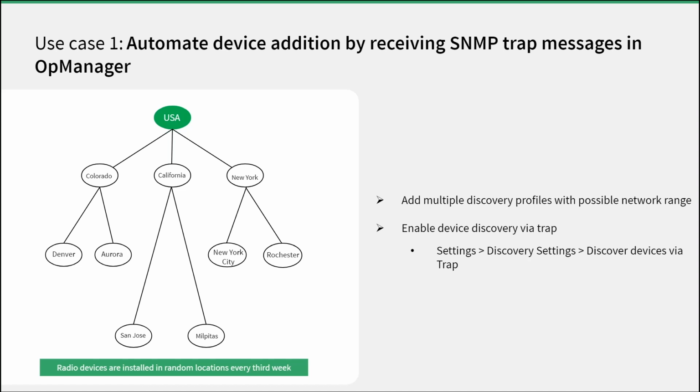So those are the set of operations they would have for the radio devices, which they have to install at the customer places. They've got a couple of places like Colorado, California, New York, San Jose, Denver, where they would go ahead and install those devices.